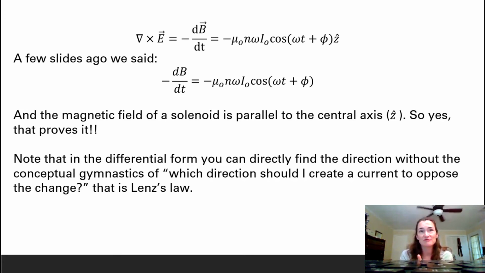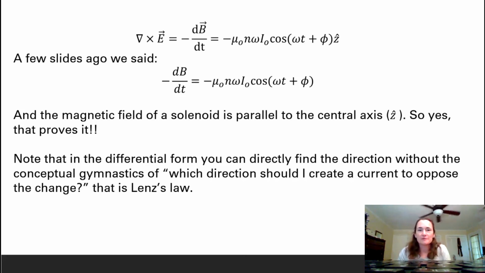So if you don't remember, minus dB dt would be negative mu naught n omega I naught cosine omega t plus phi. Now we know that our magnetic field points parallel to the z-axis. So, of course, that's going to be in the z hat direction. So, proof, done. Differential form of Faraday's law works. Happy day for us, okay?